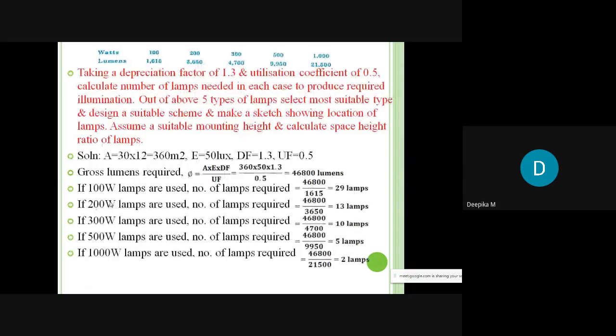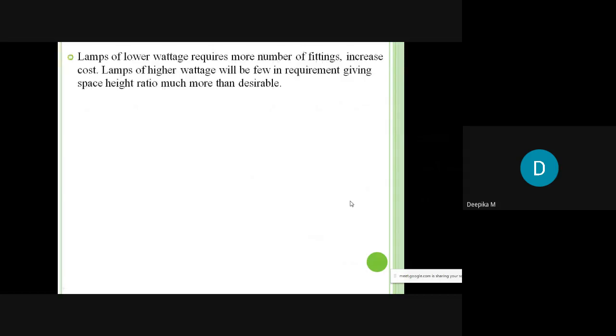So here you have understood that for 100 wattage lamps, 29 lamps are required. So if lower wattage is there, it requires more number of fittings or more number of lamps.